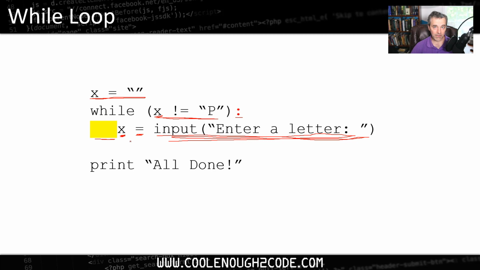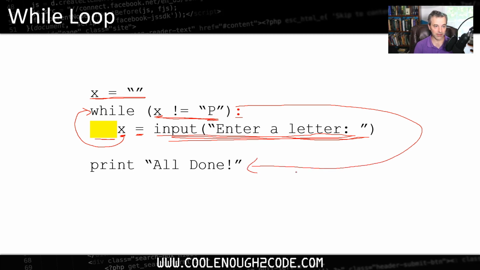Now, once I have that value for X assigned, I am going to go back and retest it against my condition right here. So if I enter in A, A is not equal to P, and then it's going to come back into my loop and prompt me once again to enter some value. And it's going to continue to do that until I enter in a capital P, in which case it would then exit the loop and come down here and print all done.